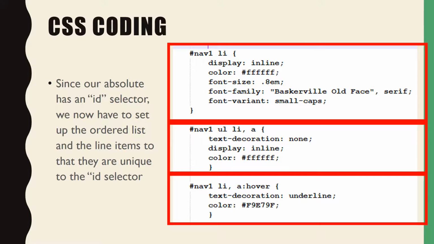You want your text decoration, display inline, and color. The last one that you will use is the number sign nav1 LI, comma A, colon hover. This will target the anchor for the absolute links so that when you scroll your cursor over each of the links, they will show up as underlined and change colors.